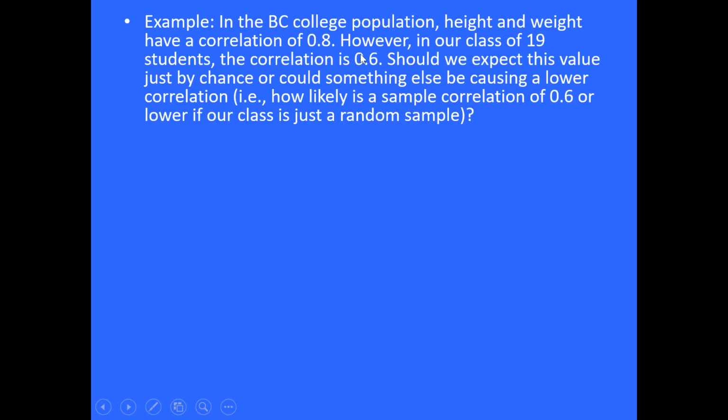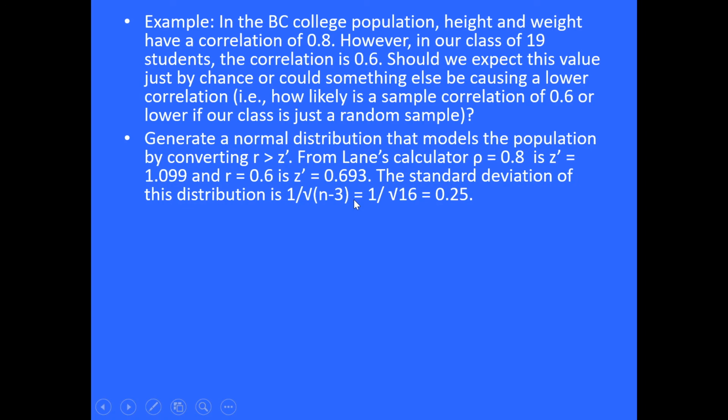Oh, those are pretty different. Kind of like we were doing with the Fritillaries, I want to know, how likely is this? Should we expect this value just by chance, or could something else be causing this lower correlation? Well, remember, a sampling distribution of r is going to be skewed, so we can't work with that directly. What we do is generate a normal distribution that models the population by converting r to Fisher's Z.